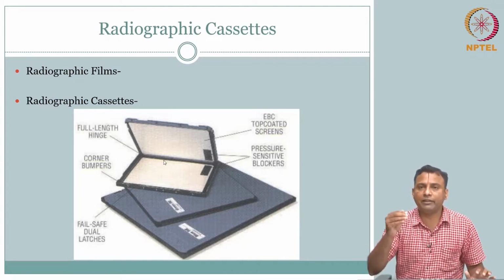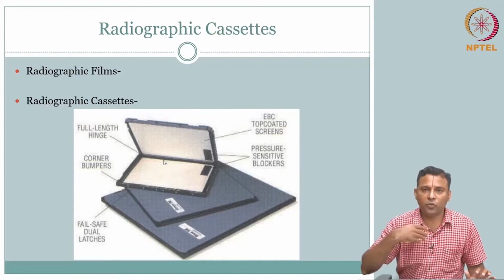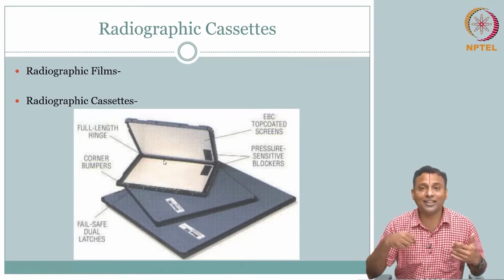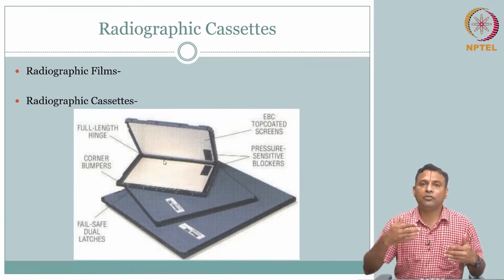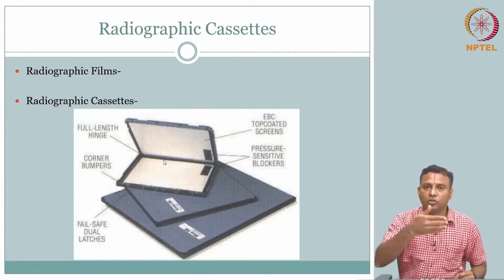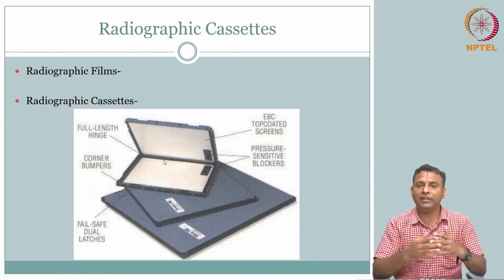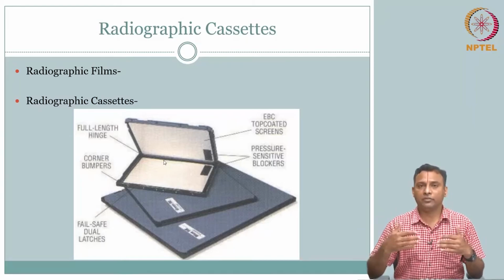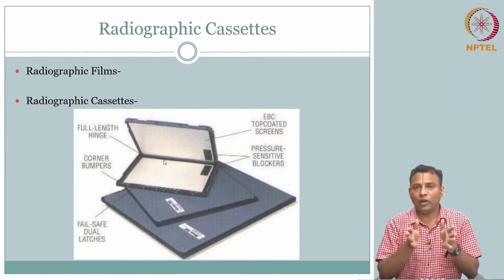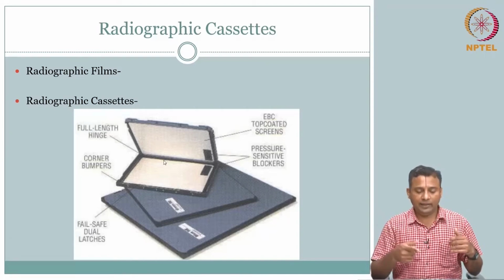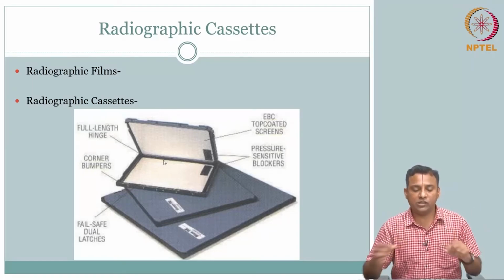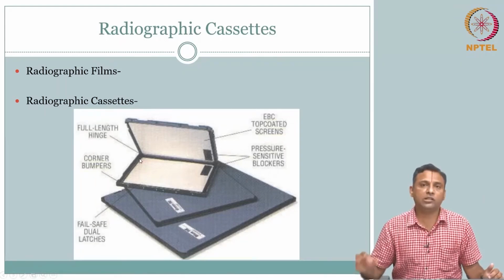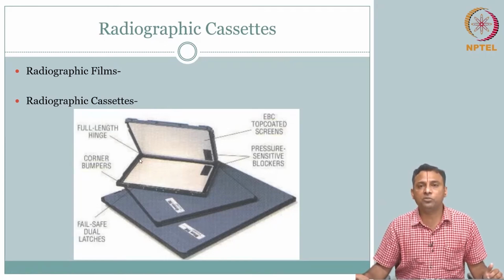We have gone systematically from source instrumentation to what we can manipulate with the object, human beings, giving the contrast agent, and then of course some instrumentation before the source and the object in the form of filters and restrictions, and then from the object to the detector again some form of filtering and collimation. And last, the detector system, which consists of an intensifying screen and a regular film. So, this is with respect to your projection radiography instrumentation.